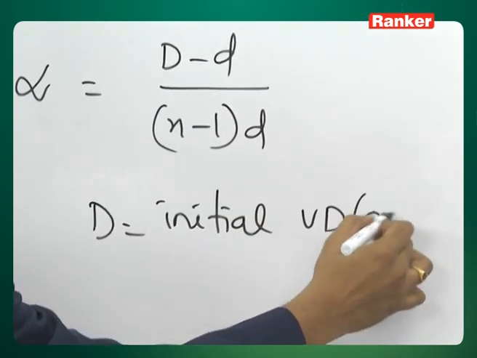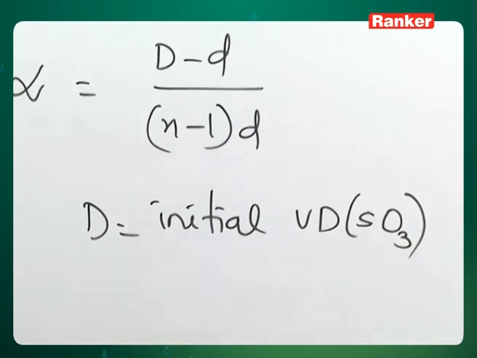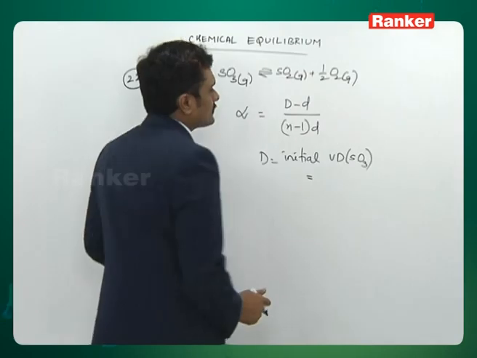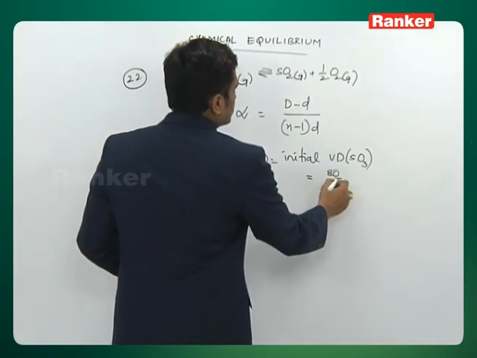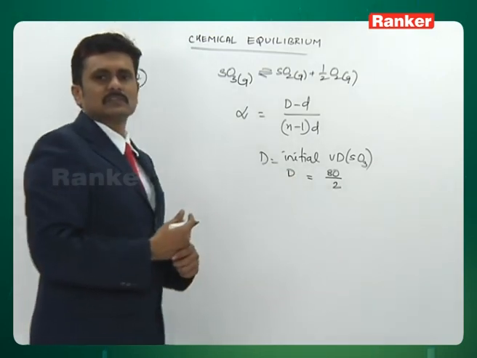The initial vapor density of this reaction is only due to SO3. Hence, we have the SO3 molecular weight as 80 upon 2, which is the capital D given to us.